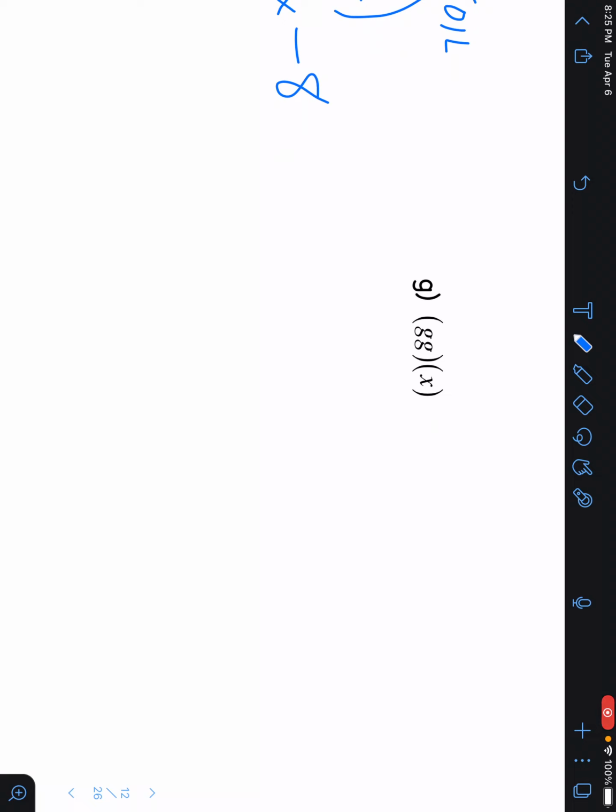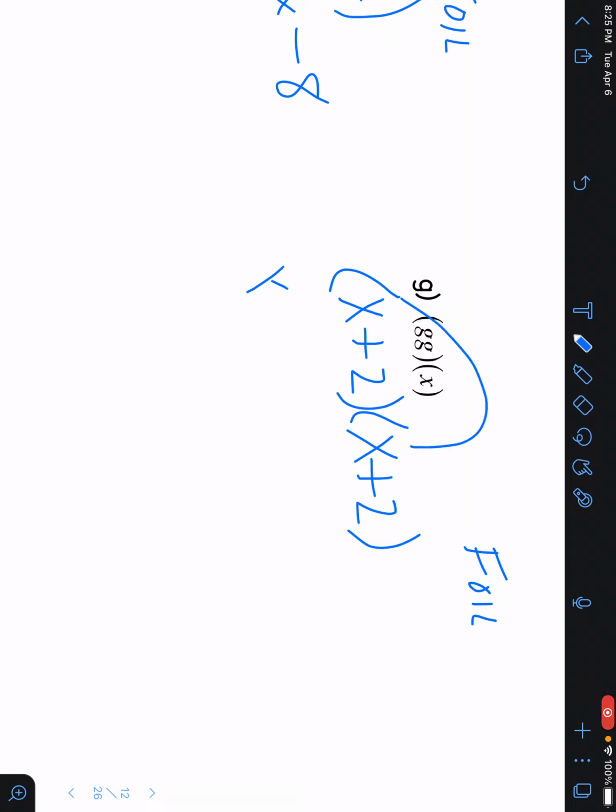Letter G, we have g of x. This means g times g. So x plus 2 times x plus 2. And we're going to FOIL here again, and then see if we can combine like terms. So first times first, outside, inside, and last times last.